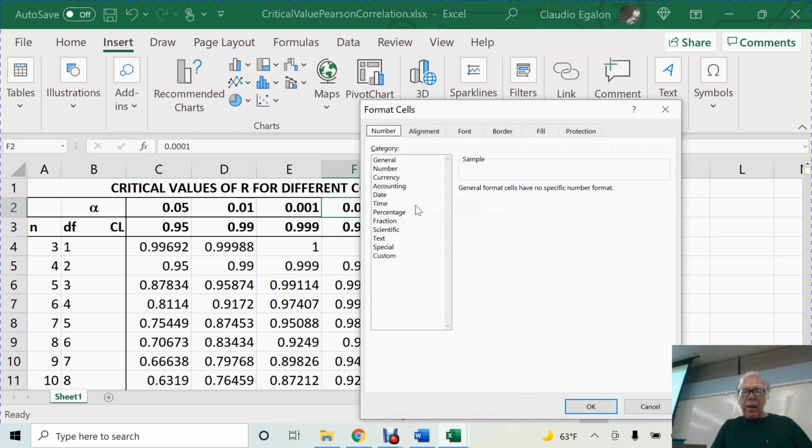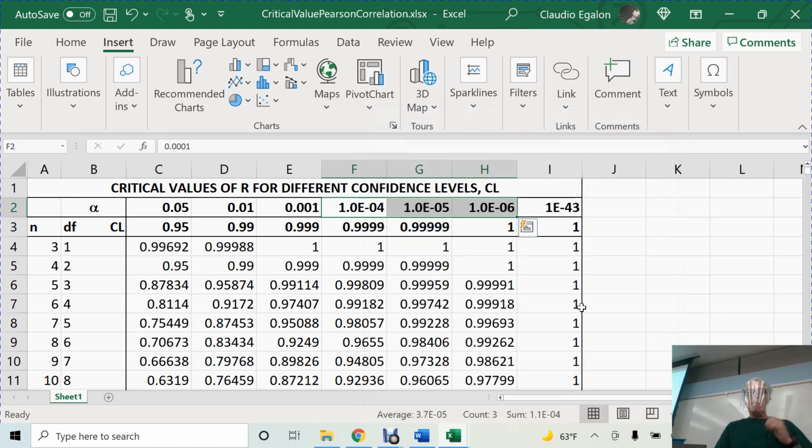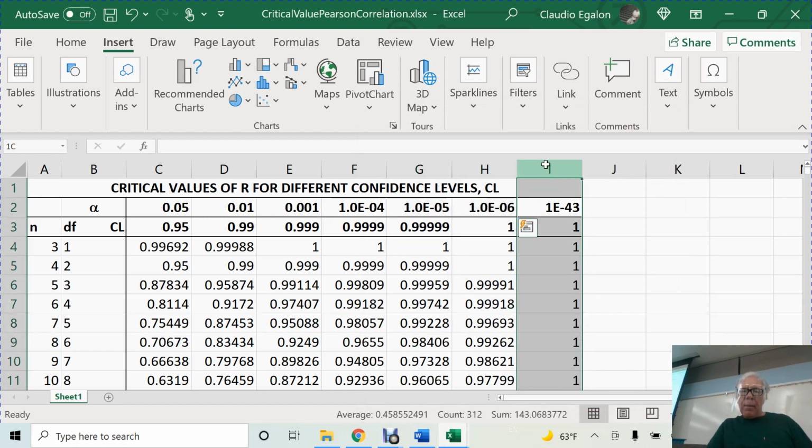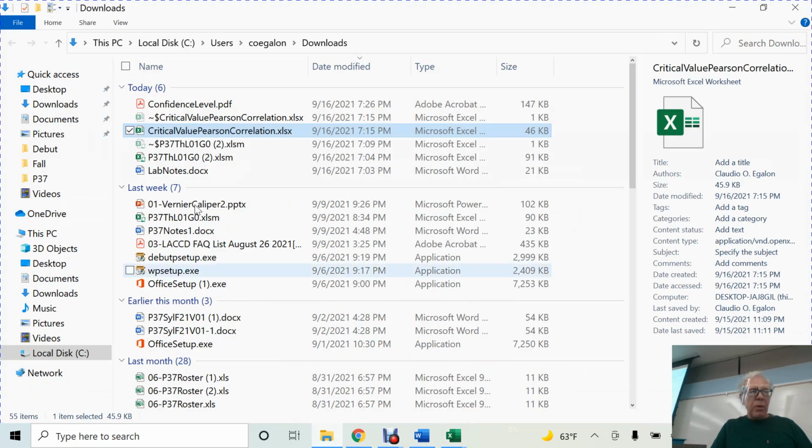Format cell. I'm gonna put just one decimal place there. Okay. But look at the PDF document that I showed to you. It looks just like that. Okay, and my PDF document stops right in here. You see that? Let me open that, the PDF document, confidence level.